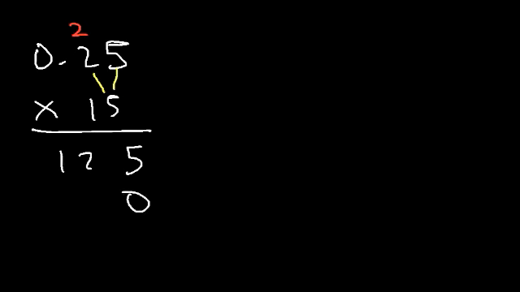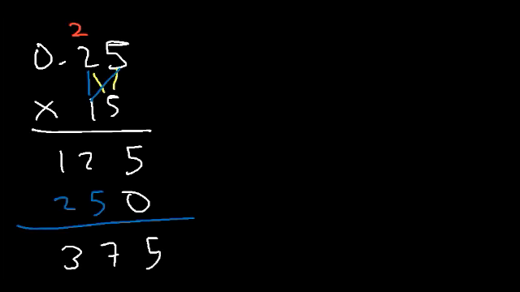Then we need to add a 0. 5 times 1 is 5. And 1 times 2, that's 2. So if we add this, we get 5, 7, and 3. Now notice that we have 2 spaces after the decimal, so we need 2 spaces after the decimal here, so this is 3.75. So that's how you can multiply a number with a decimal.